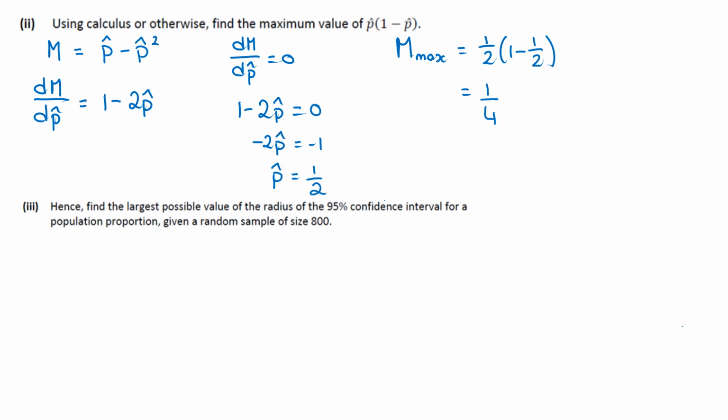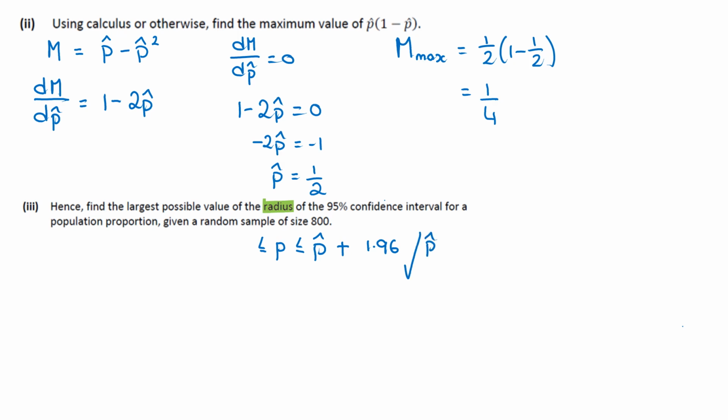Hence find the largest possible value of the radius. Now this word threw a lot of students. The radius of a 95% confidence interval for the proportion. So what I'm going to do is set up the proportion. So the proportion is going to be p hat plus or minus, this side is plus, 1.96 times the standard error of the proportion. So very similar to what we've seen for the mean.